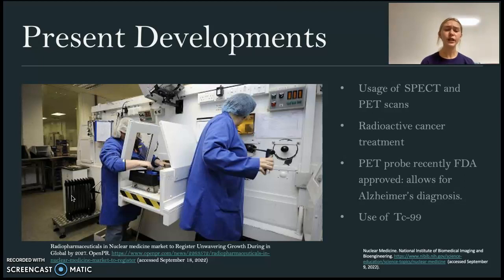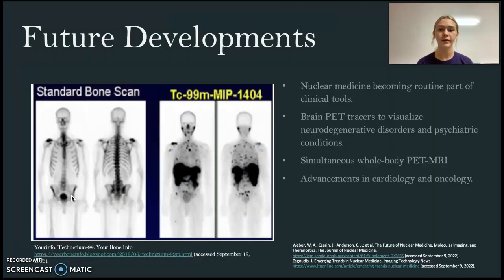And then there was a PET probe recently FDA approved, and it allows for the diagnosis of Alzheimer's, which is severely significant because before this probe, doctors were not able to diagnose Alzheimer's accurately until after the patient was deceased. And then again, just the use of Tc-99 has become increasingly popular in the medical field today.